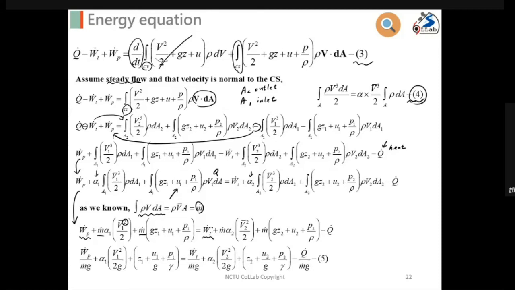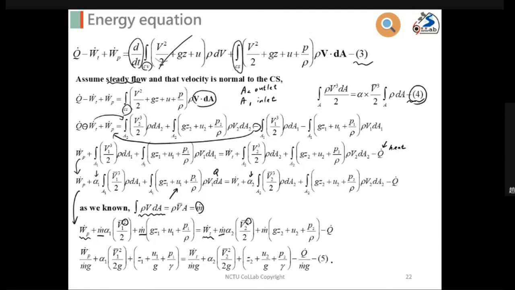Since the pump provides additional energy to the fluid system, the turbine takes energy out of the system. Then there is a mass flow rate again, and we have a velocity squared, and finally we have minus the heat energy, because the heat energy always dissipates from the system.